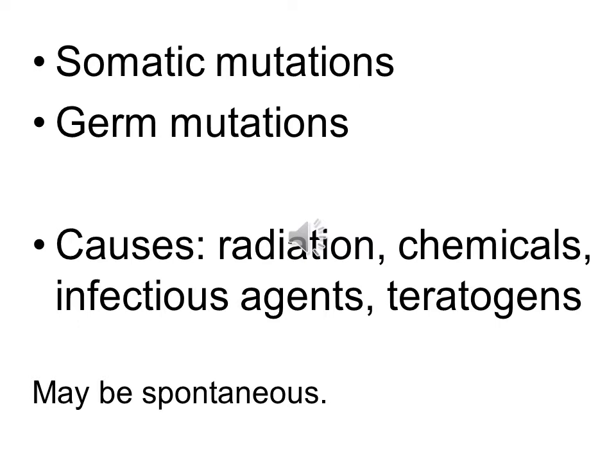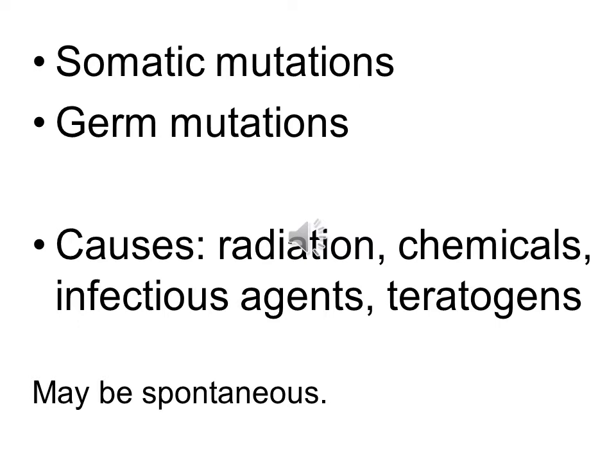Some examples of these chemicals are thalidomide, alcohol, Accutane, some of the cancer drugs, formaldehyde, sodium nitrate, and vinyl chloride. There are several more, but these are all that I'm going to list at the time. Vinyl chloride is used in making PVC pipe and in some packaging.